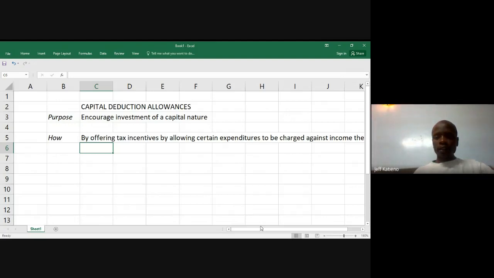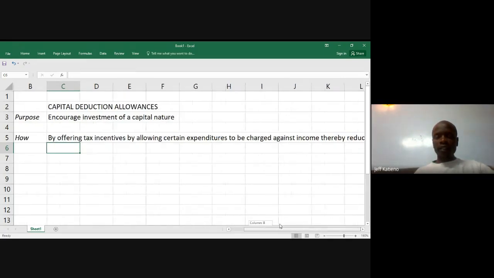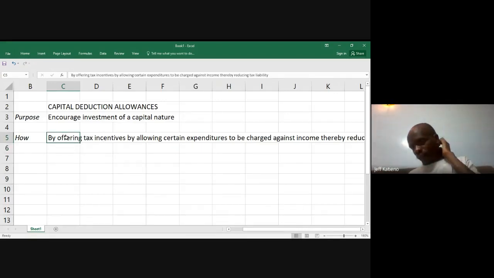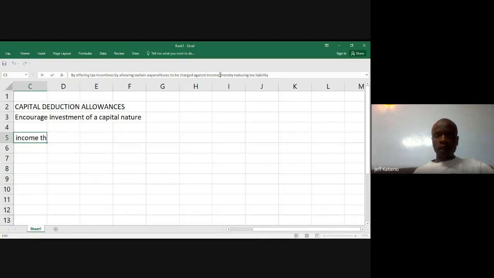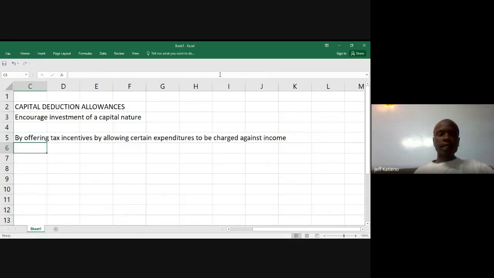This is how it works. When you incur certain investment expenditure, then there's a percentage of what you have incurred that you're allowed to charge against your income.